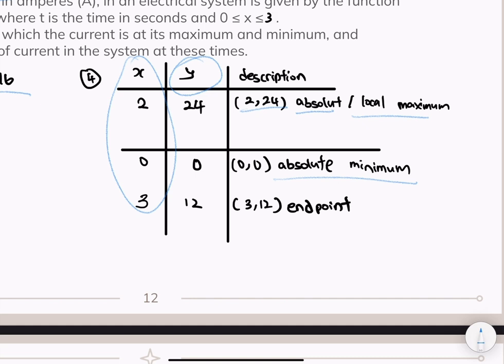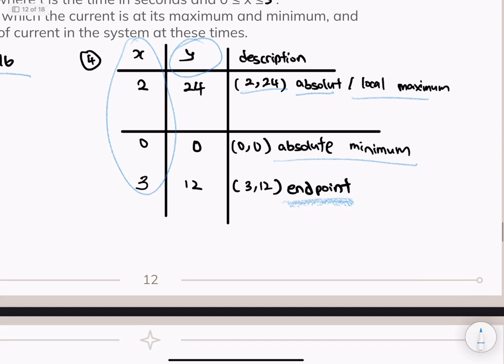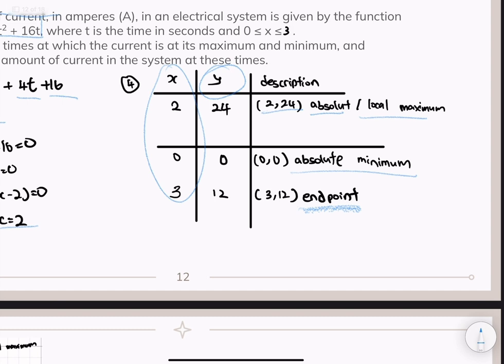And when x equal to 3, y equal to 12 is an endpoint, because this point is higher than the starting point.